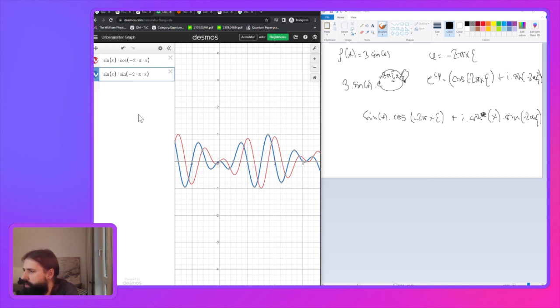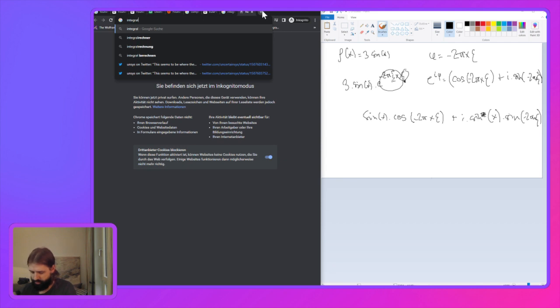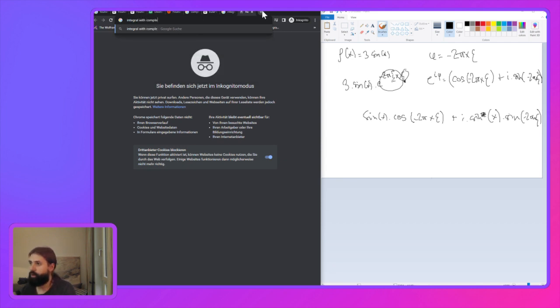Like, if the blue thing is the complex part, you imagine it's 90 degrees rotated or something. Do things cancel out? I don't know. So this part cancels out or what?